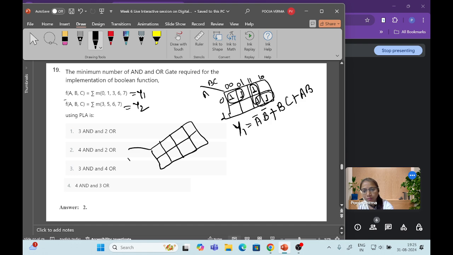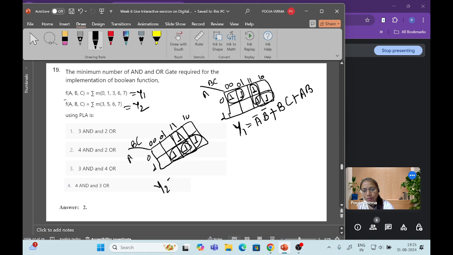A B C 0 1, 0 0 0 1 1 1 1 0. So what are the min terms? 3, 5, 6, 7. So 0 1 2 3, 4 5 6 and 7. Again we need to find out.